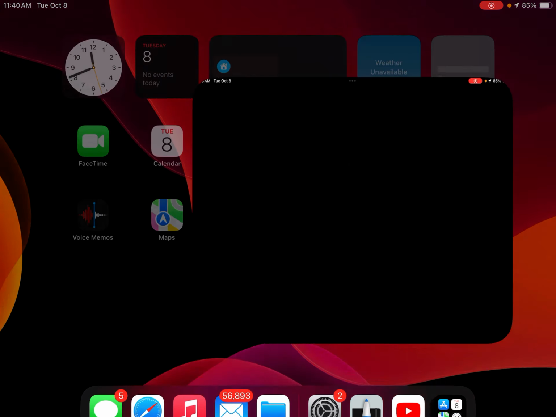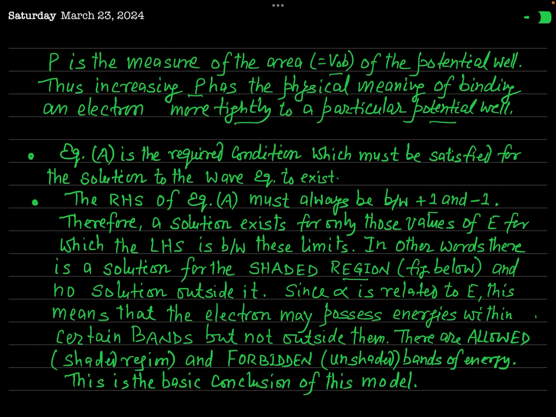Therefore, a solution exists only for those values of E for which the LHS is between these limits. In other words, there is a solution in the shaded region, and no solution outside it. Since alpha is related to E, this means that the electron may possess energy within certain bands but not outside of them. There are allowed shaded regions and forbidden unshaded region bands. And this is the basic conclusion of this model.